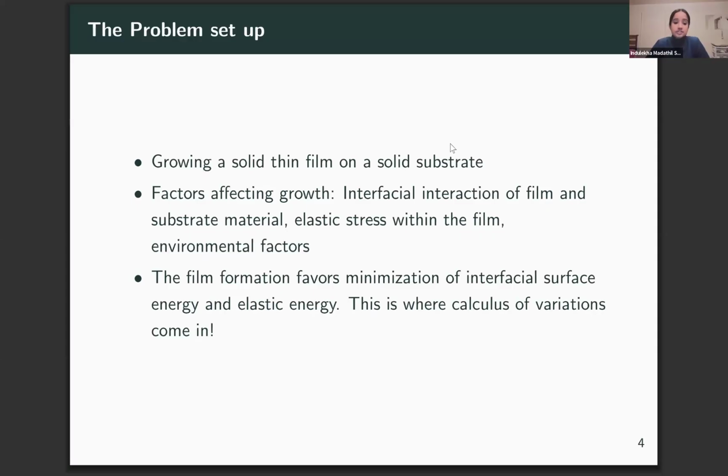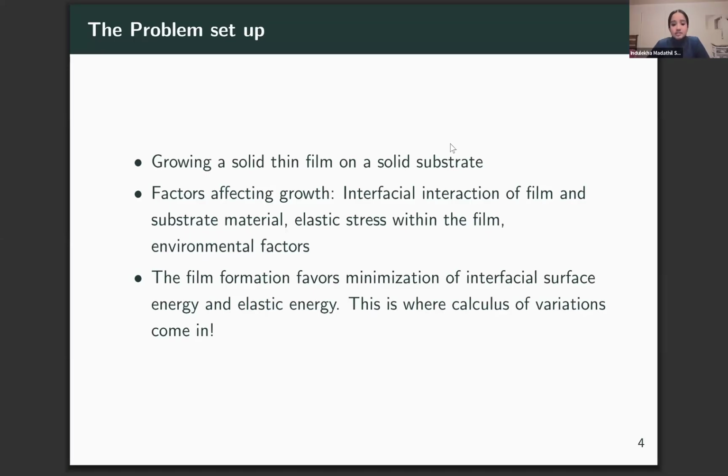There are many factors that affect the manufacturing process, which are the interfacial interaction of the film and substrate material, and the elastic stress and displacement within the film, along with environmental factors like temperature.